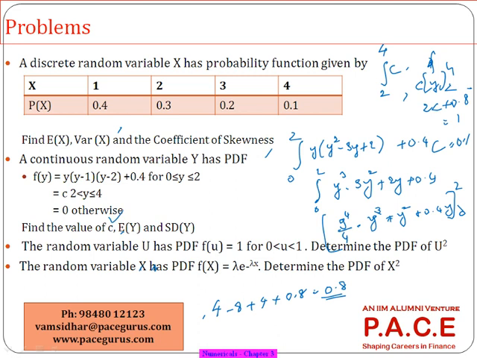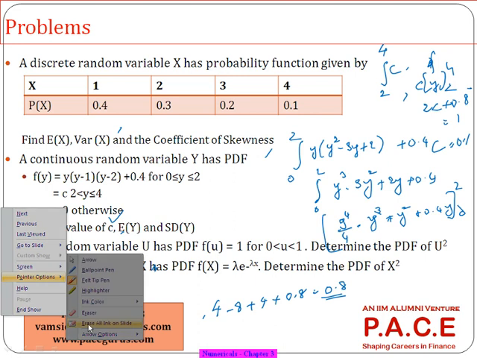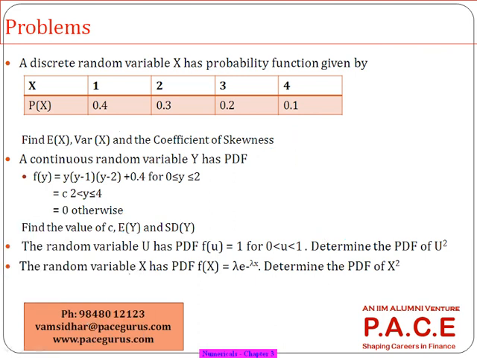Now I know the c part. The constant is known here. Now the question is about finding the expected value of y as well as the variance and standard deviation. So how do I get the expected value of y now?